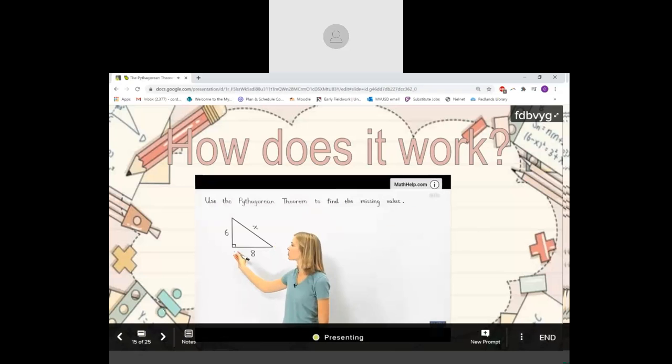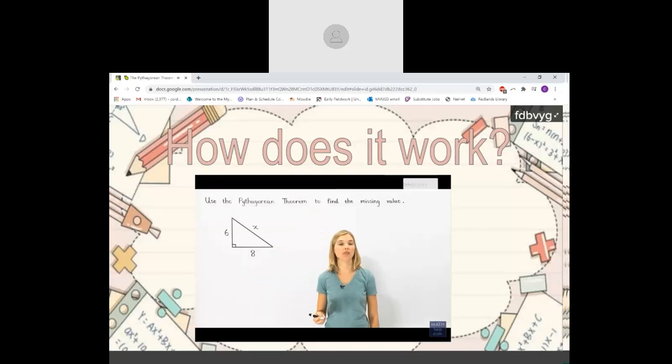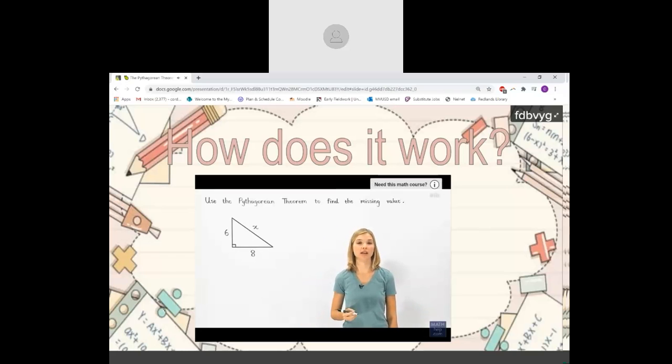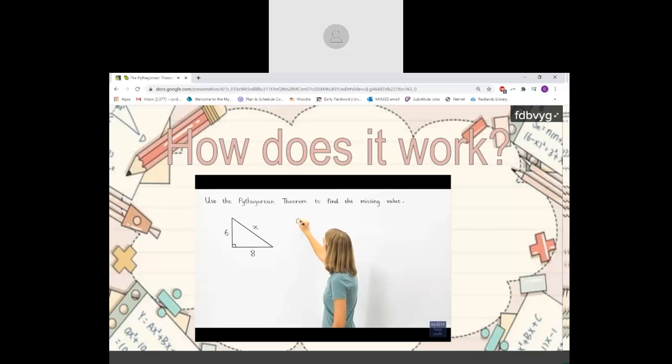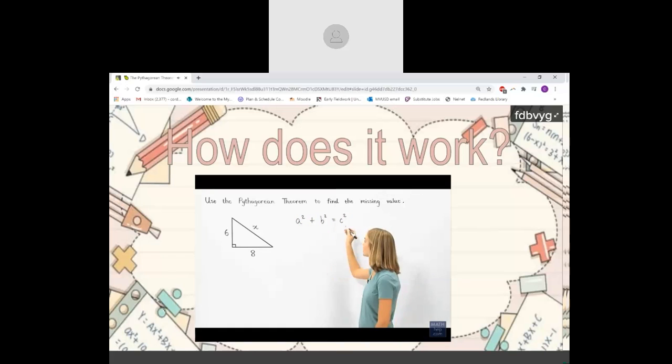In this example, we have a right triangle, so we can use the Pythagorean theorem. The Pythagorean theorem states that the sum of the squares of the lengths of the legs of a right triangle is equal to the square of the length of the hypotenuse, or a squared plus b squared equals c squared, where a and b are the lengths of the legs of the right triangle, and c is the length of the hypotenuse.